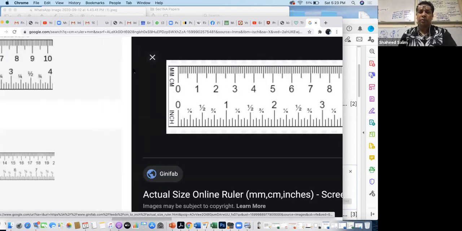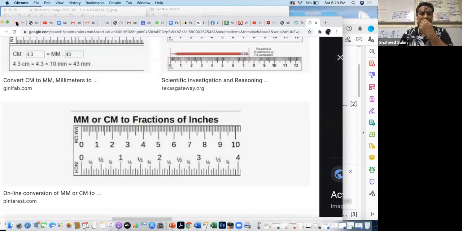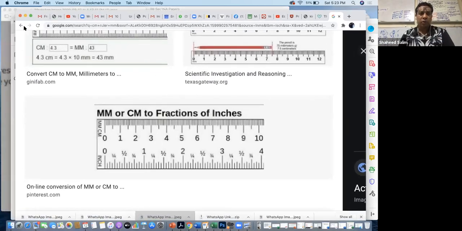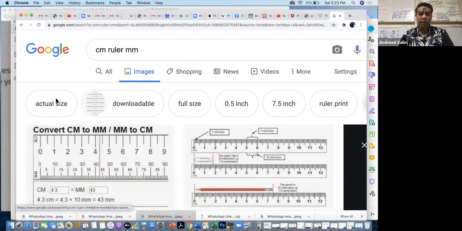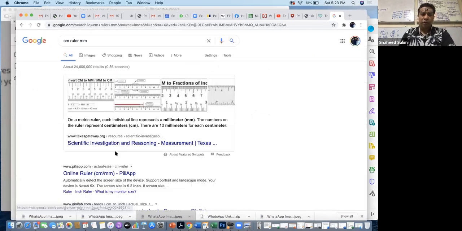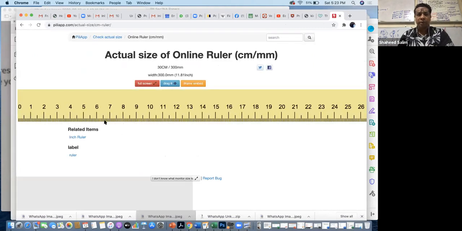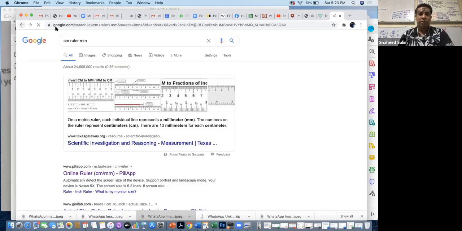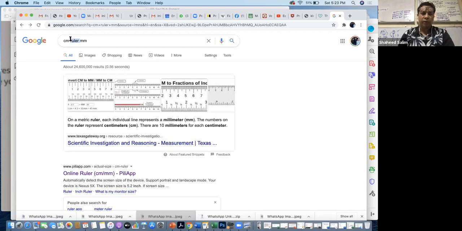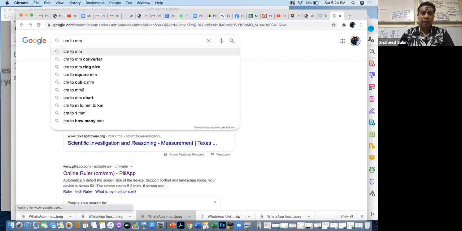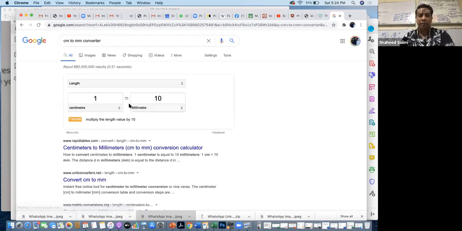Okay. So another way to check is down here. You can just go to, let's say, this thing. You have the conversion, right? cm to convert, you can put down here like this. Cm to mm converter. So they have down here. Can you see?